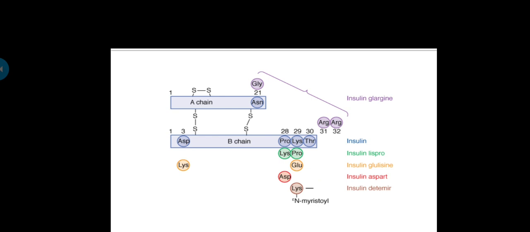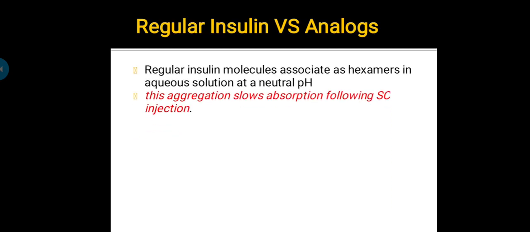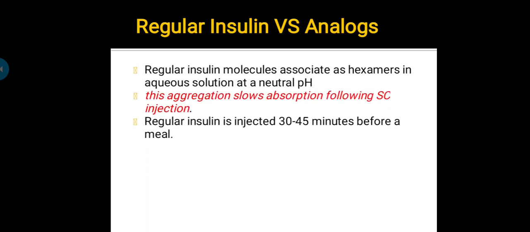So the short acting insulin analogs are aspart, lispro and glulisine, and the long acting insulin analogs are glargine, detemir and degludec. So what are the advantages of analog insulin over regular insulin? Regular insulin molecules associate into hexamers in aqueous solution at a neutral pH, and this aggregation slows the absorption following subcutaneous injection.